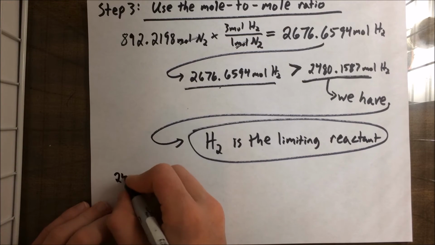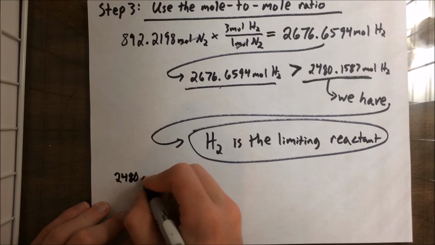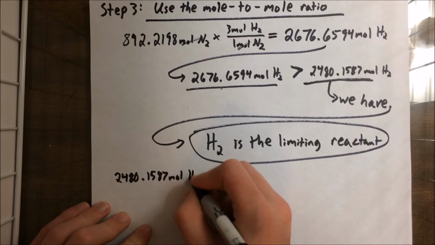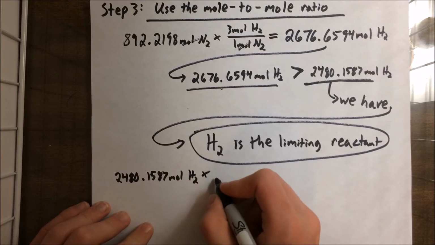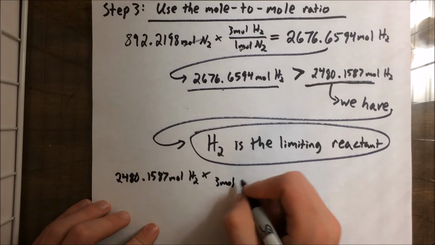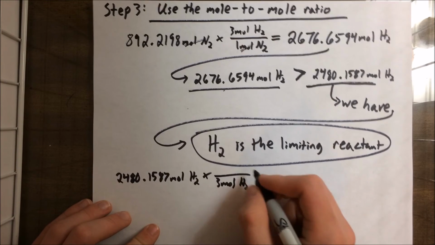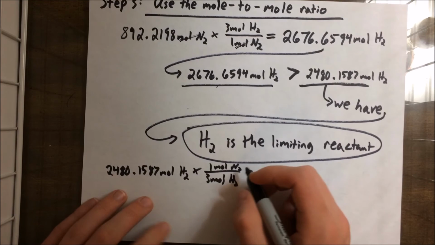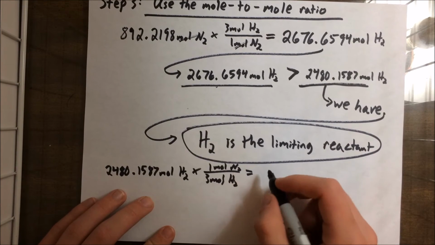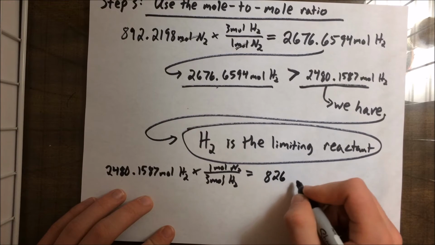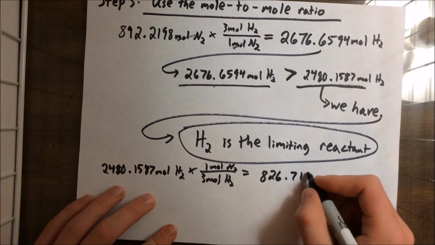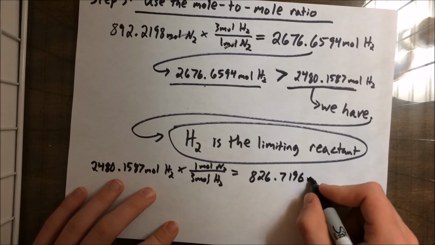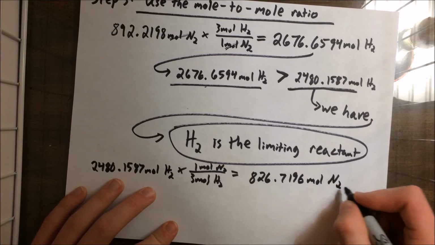So 2,480.1587 moles of H2 times 1 mole of N2 under 3 moles of H2 is equal to 826.7196 moles of N2.